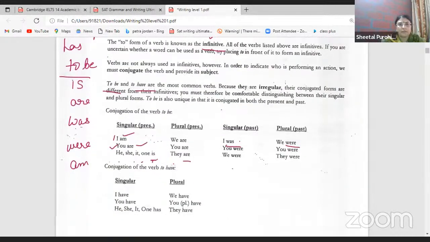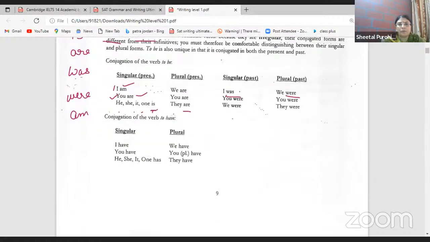Now the next one is singular and plural forms of verbs only we were doing. So with the I, we can have the plural form of the verb, I have. With you also we'll use the plural form of the verb only. Has is singular and have is plural. Has and have are the verbs.